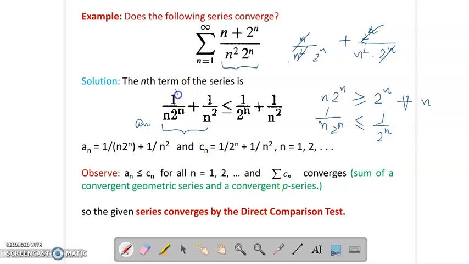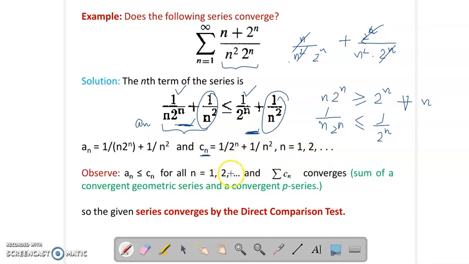So that's why we say that 1 by n into 2 to the power n is less than or equal to 1 by 2 to the power n, and this is as such 1 by n square. Now what we have, this is the nth term of the series with which we are comparing the given series, call this Cn.